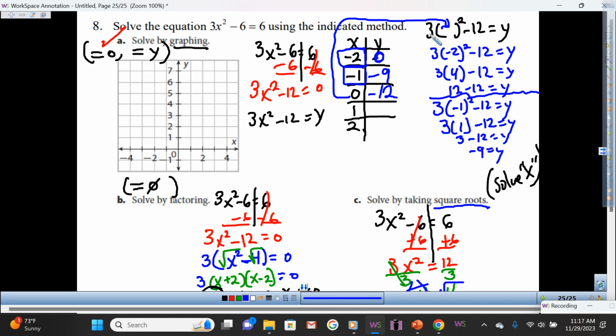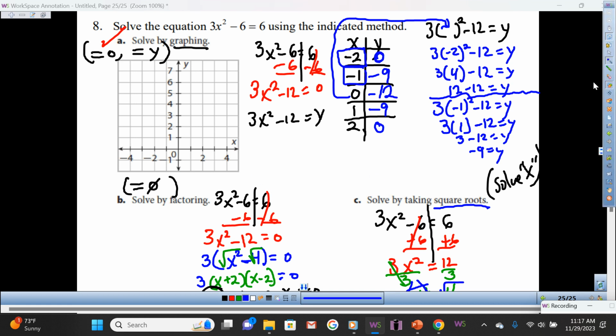Times 3, minus 12. What do you guys notice? Look. So what should we write here? 0. That is correct. So as long as you show me 2 of them worked out, you can do the rest using your noodle. Okay? All right, so let's graph this.